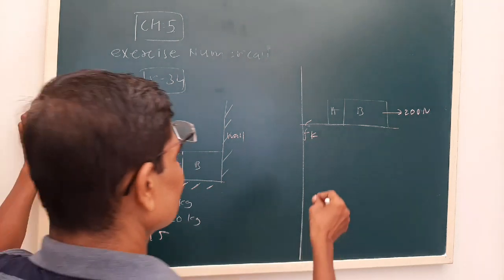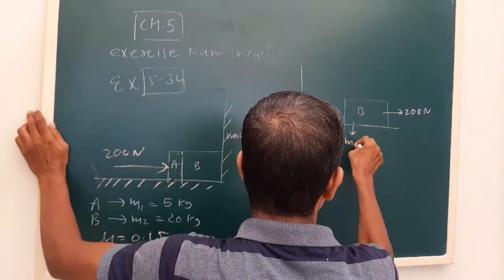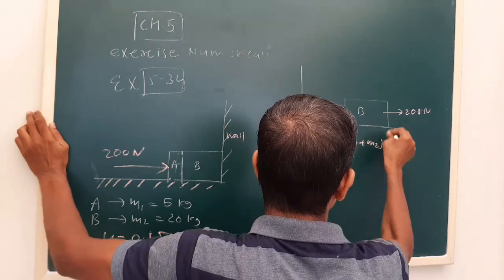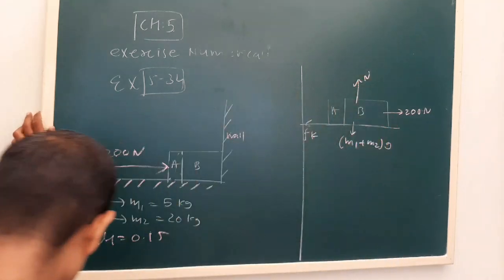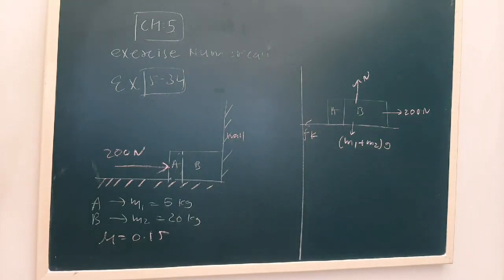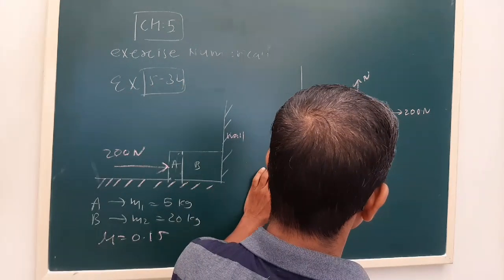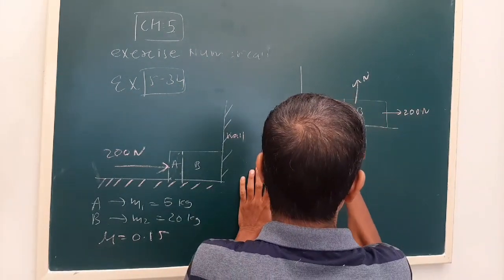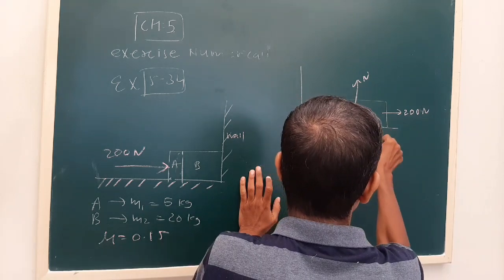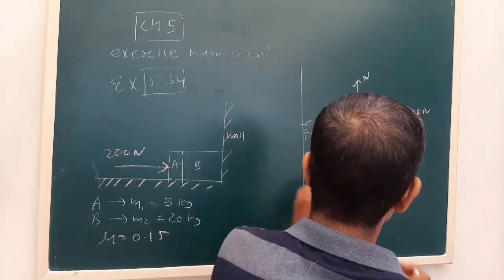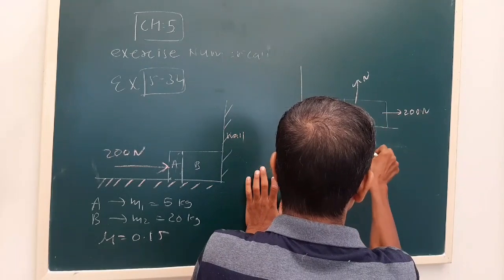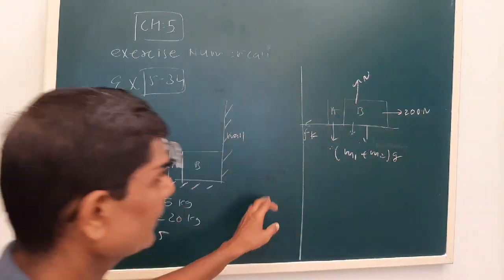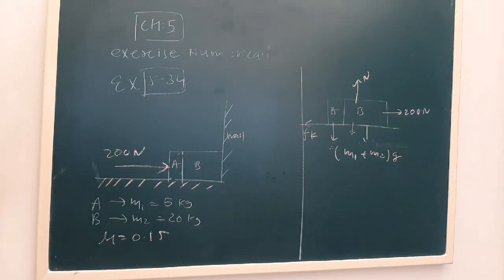Now the weight of the system m1 plus m2 into g, and the reaction will be N. I have taken m1g and m2g, both in the same direction, so collectively as (m1 plus m2)g.